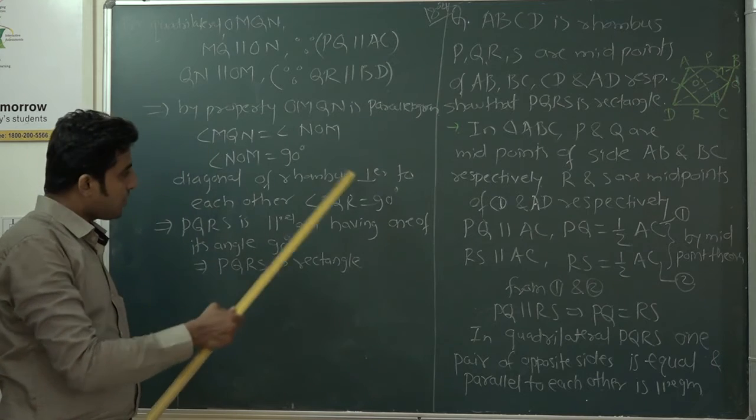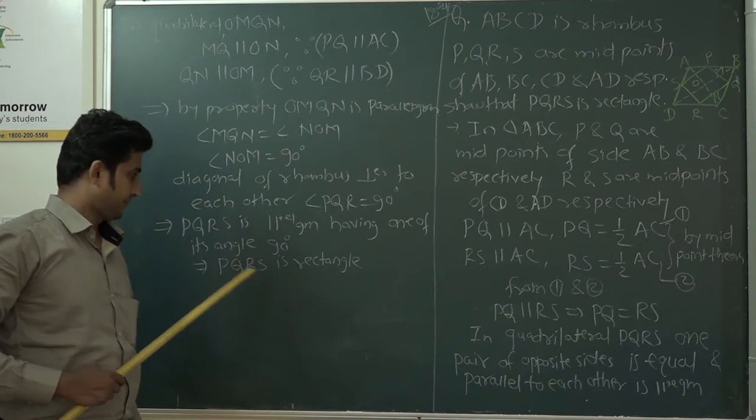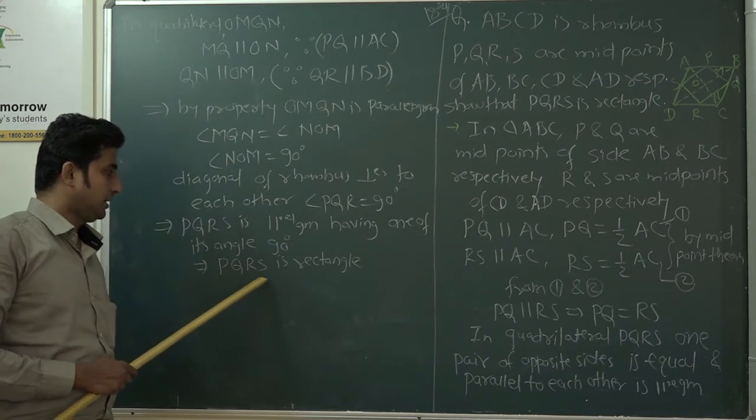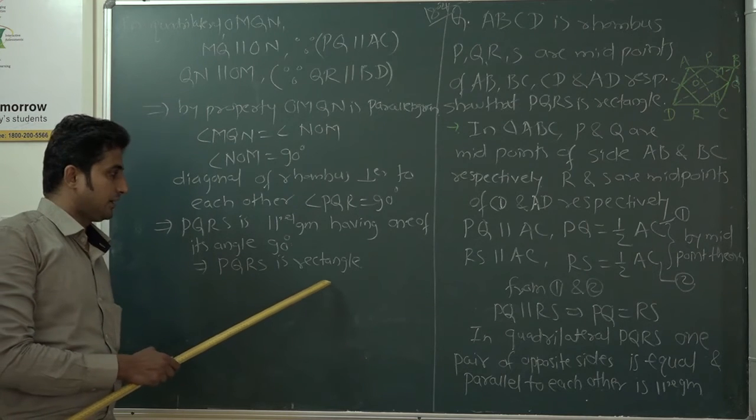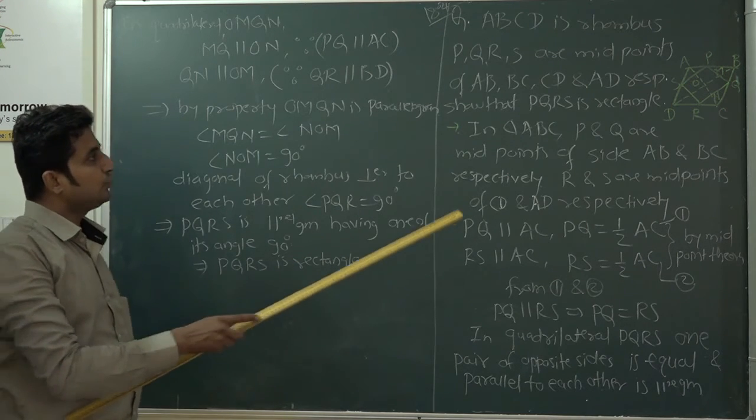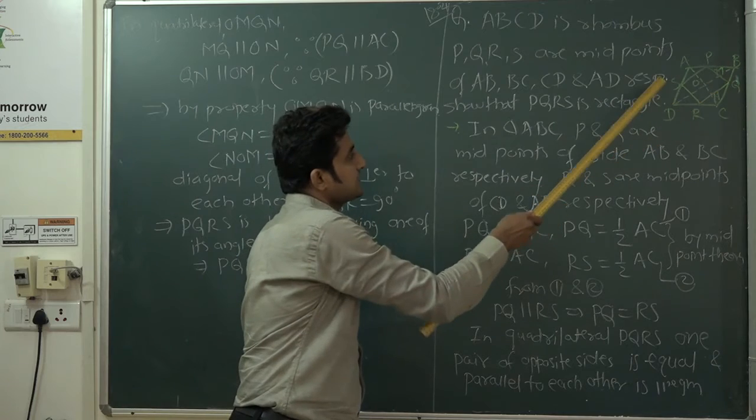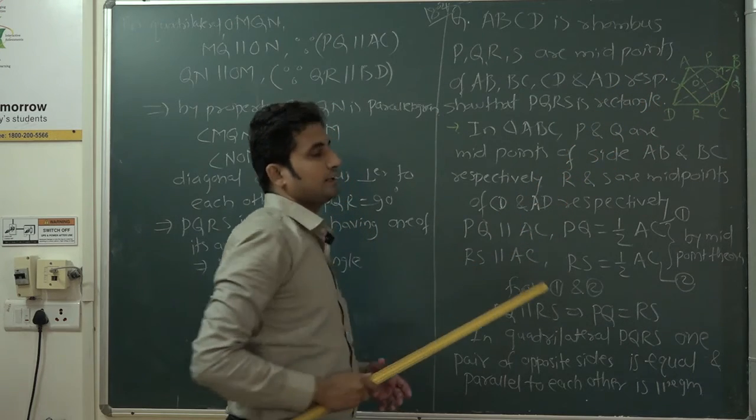Now, by using all these, we can conclude that PQRS is a rectangle.